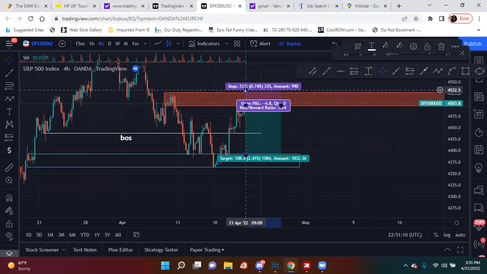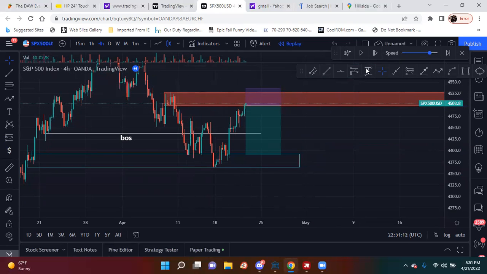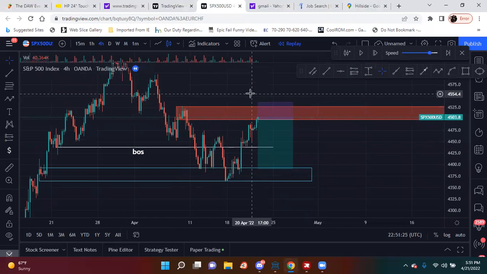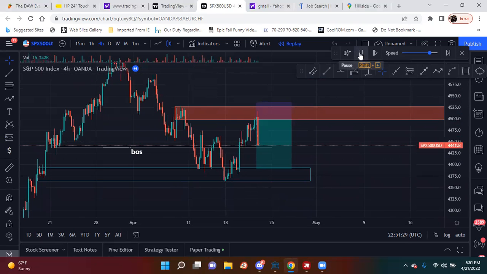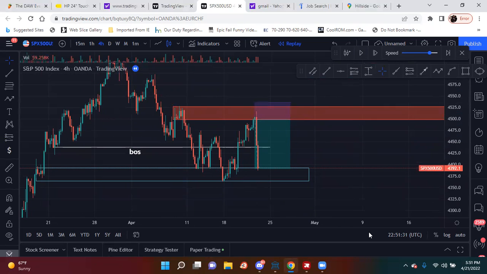By then, I'm already in, honestly. Once it goes in the zone, I ain't looking for no M's, no W's, none of that. I'm in. I already know what's gonna happen. Why am I worried about that? This is smart money. This is not trading M's and W's and stuff no more. This is trading institutional moves. And look, that's simple.